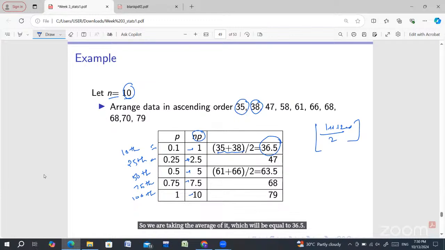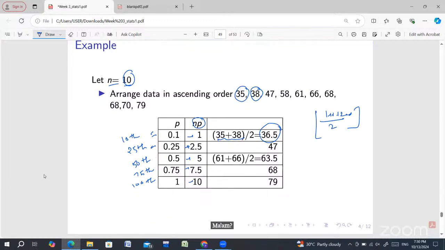Now in the next, yes. Ma'am, why are we taking the first and second term divided by 2 only for integers? See, there are 10 data points. Can you tell me what is the 2.5th data point?